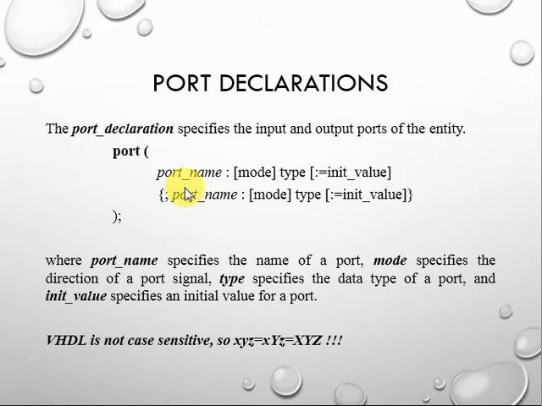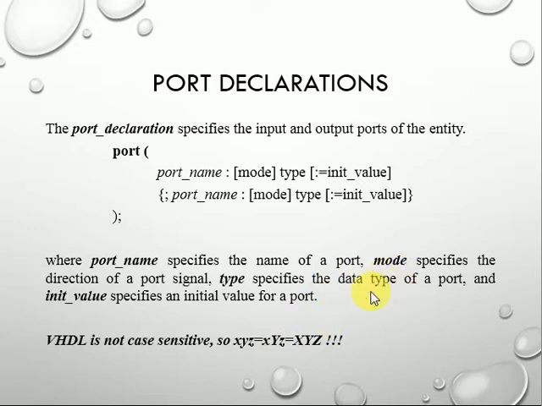At the same time remember that VHDL is not case sensitive. That means you can write this port name any way. If you write XYZ and again mention it as X capital YZ, that is the same as a capital XYZ. So it is not case sensitive, so you can give the name any way.